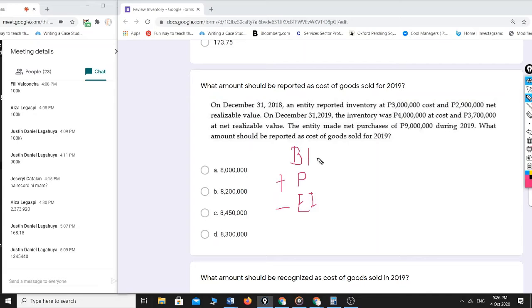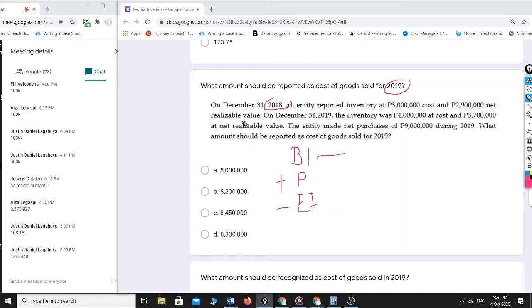Okay? So, pila man itong beginning inventory? So, for 2019, our beginning inventory is sa 2018.